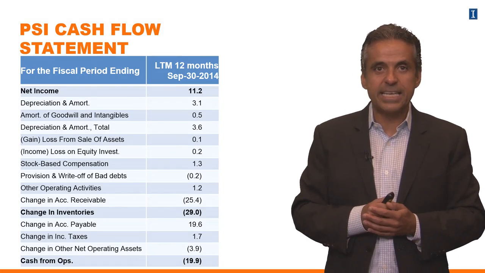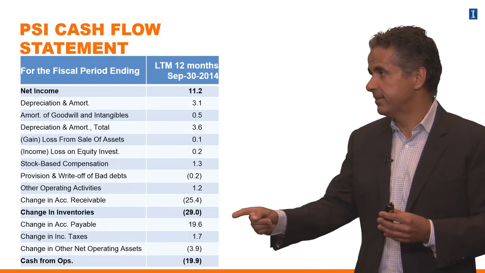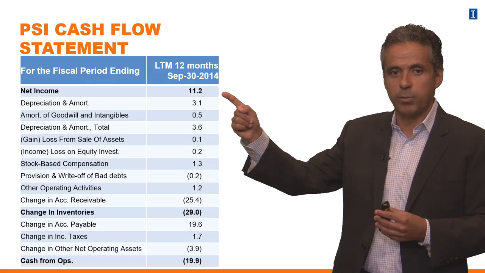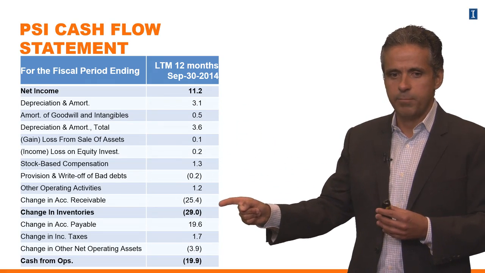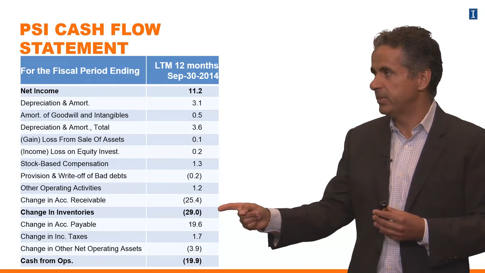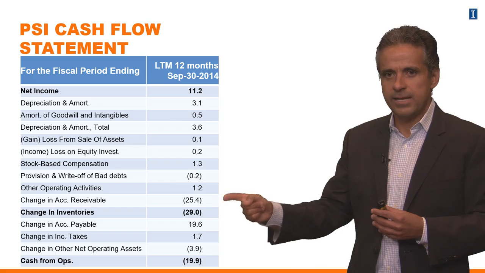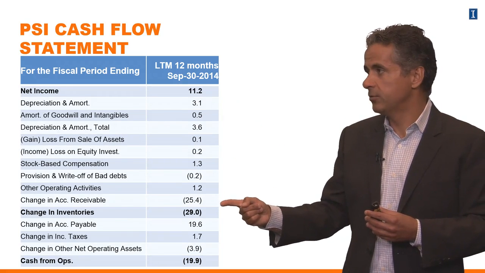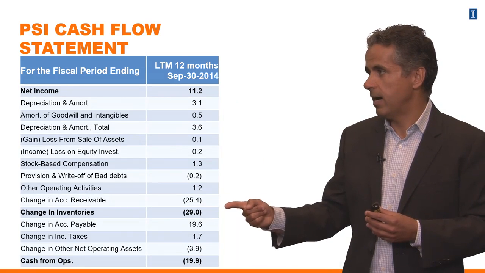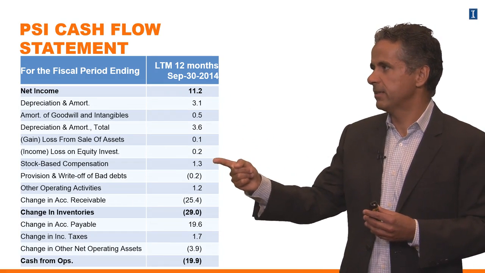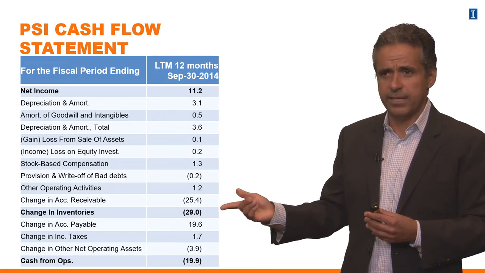And if you look at the cash flow statement for the company, that's exactly what you see. The company is profitable, you're generating a positive profit, but the amount of your investment in inventory, which is highlighted here, for the year of 2014 was minus $29 million, which is significantly higher than the profit that you're generating.